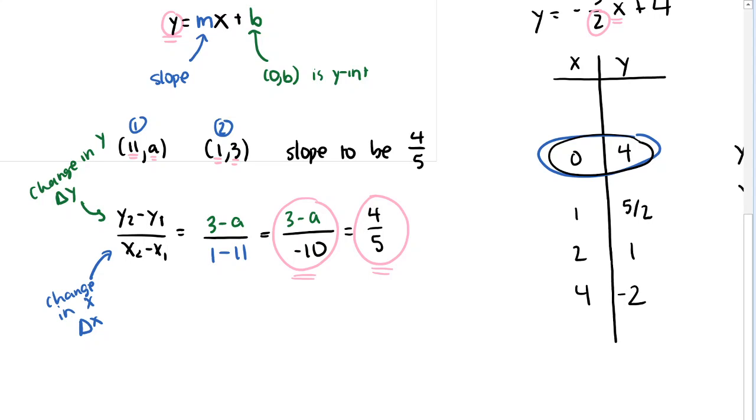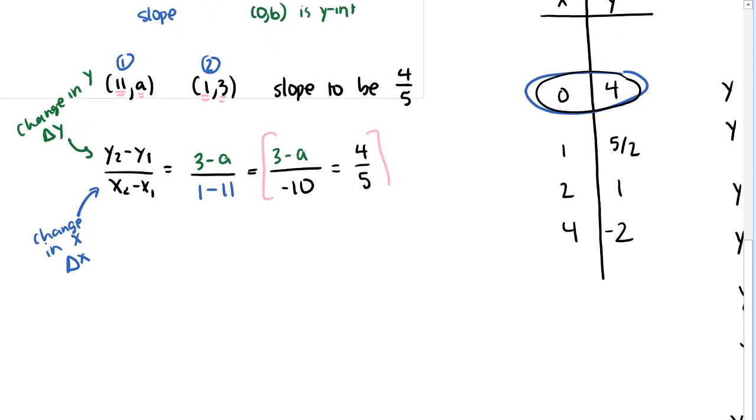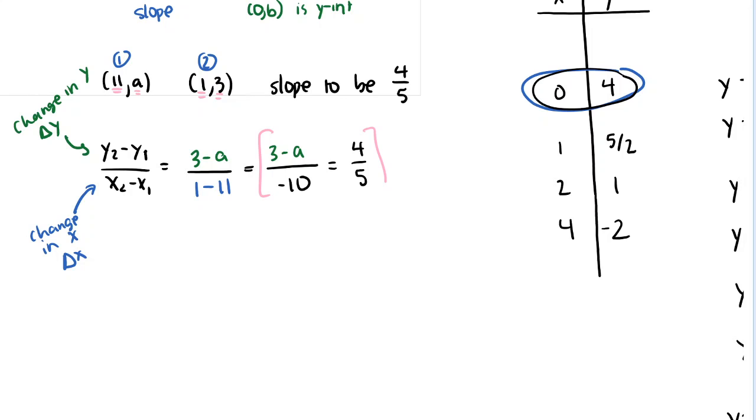Actually, we've done things like this. We've solved equations like this in the past by cross multiplying. If we want to solve an equation like this, it's like a proportion. We can cross multiply. I have 5 times (3 minus a) is equal to 4 times negative 10.